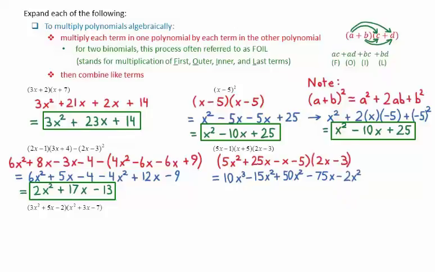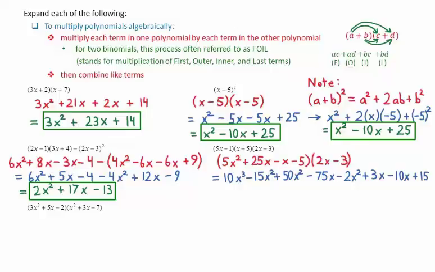Negative x times 2x gives negative 2x squared. Negative x times negative 3 gives positive 3x. Negative 5 times 2x gives negative 10x. And negative 5 times negative 3 gives positive 15.